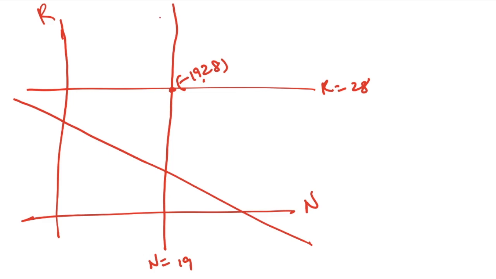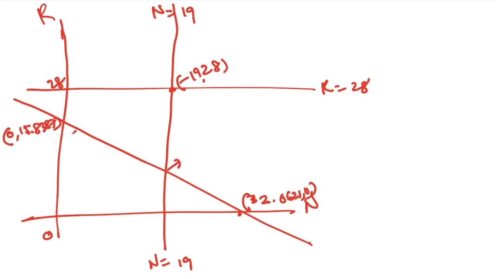So this one is 28, this one is 0. The coordinate here is 32.061 and 0. Here it is 0 and 15.8387.